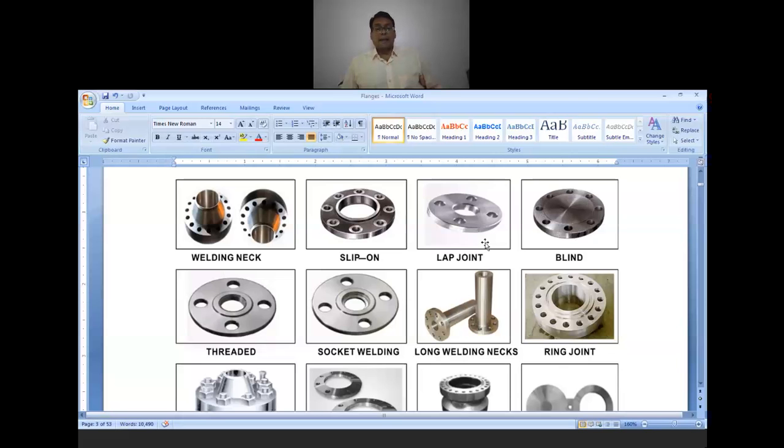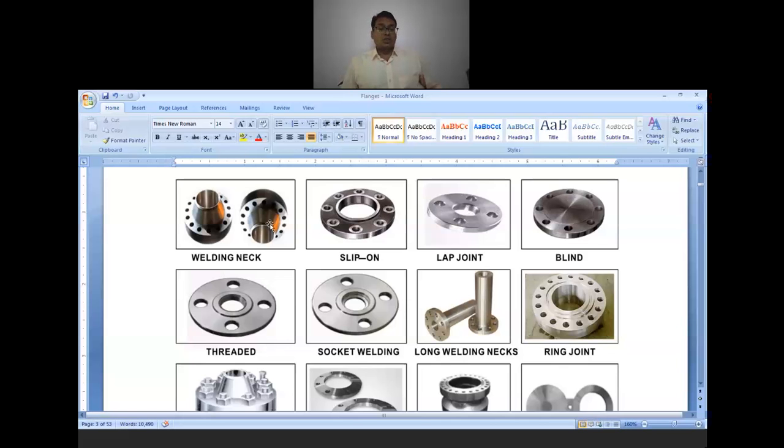In addition to that, this lap joint flange is also a simple one. A circular plate provided with the main hole for the transfer of the fluid, and the bolting holes.